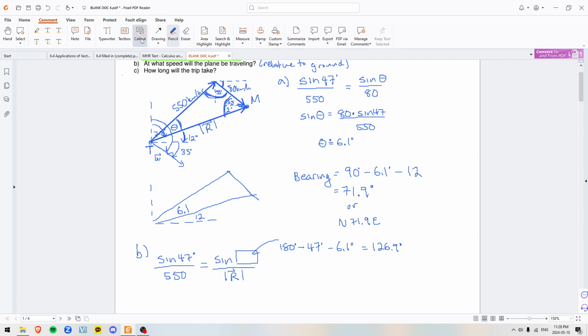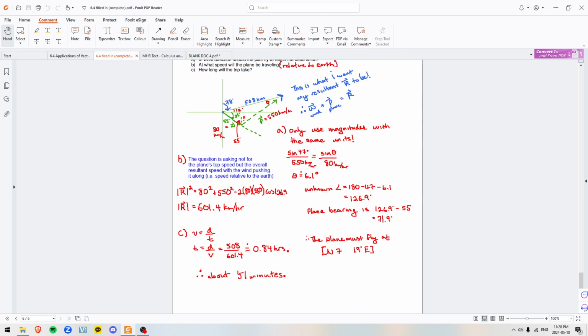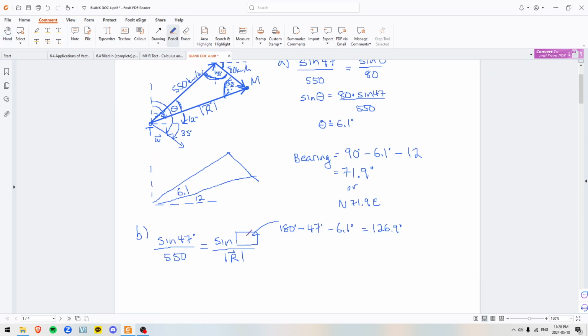Oh my gosh, that's just quick mental math. Let me see. That's very tiring. 126.9. Okay, so I'm not crazy. 126.9. So if I plug in 126.9 degrees, I should be able to simplify and figure out what the magnitude of the resultant vector is.